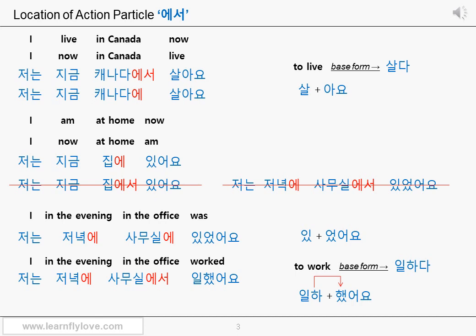The base form of the verb to work is 일하다. The stem is 일하. The past tense ending 했어요 replaces the 하 sound, so it becomes 일했어요. 저는 저녁에 사무실에서 일했어요. If you add yesterday, 저는 어제 저녁에 사무실에서 일했어요. Okay?